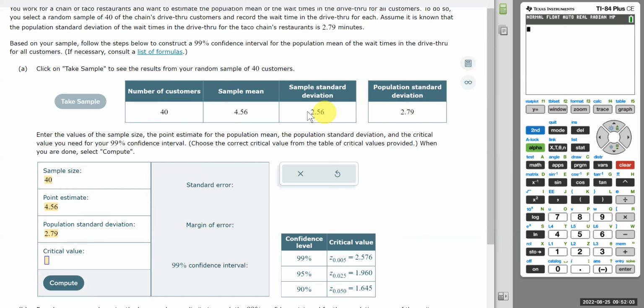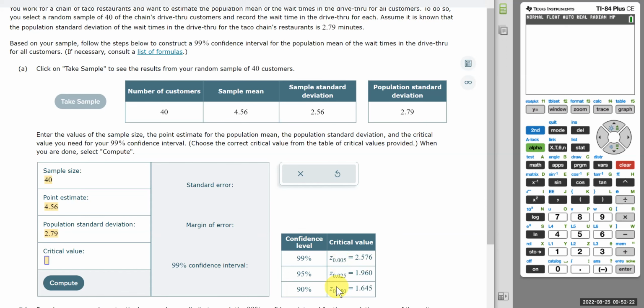So notice here, it does give you the sample standard deviation, which we would use if we were not told the population standard deviation in the problem. So when we're given population standard deviation, it allows us to base our critical values on the z distribution.